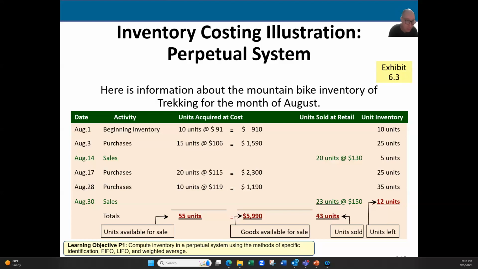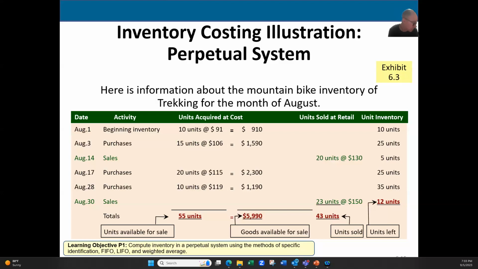We better purchase more, so we purchased more from our vendor. We purchased 20 more bicycles on August 17th. This time it cost us $115 a bike. That's a total cost of $2,300. That brings us back up to 25 bicycles available for sale on August 17th.